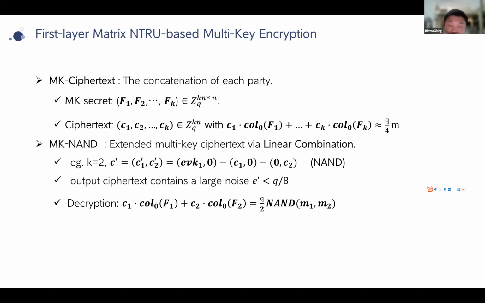For example, when there are two parties, we can extend the ciphertext C1 to C1 and 0. In fact, this is a multi-key ciphertext under the secret keys F1 and F2. Then we only perform a linear combination of the extended ciphertexts and output the result of the NAND gate computation.